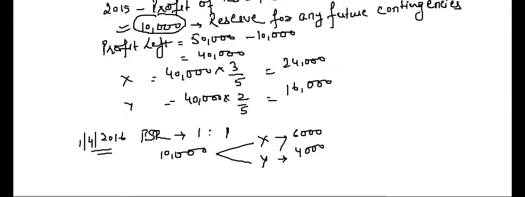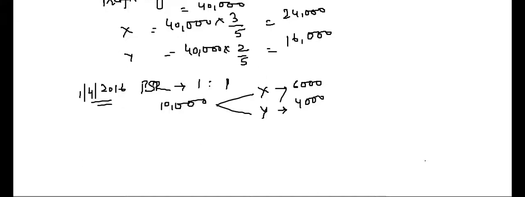But now that they have changed their profit sharing ratio to 1:1, if it is distributed to X and Y, they will get 5,000 each. There is a loss of 1,000 to X.